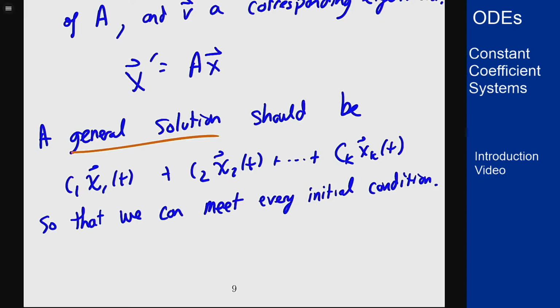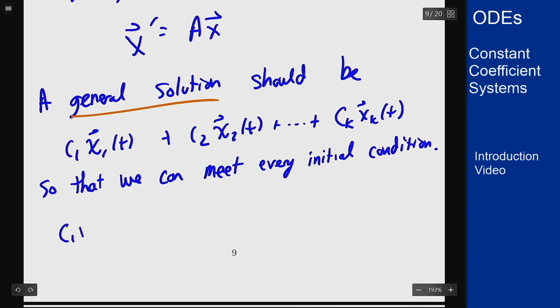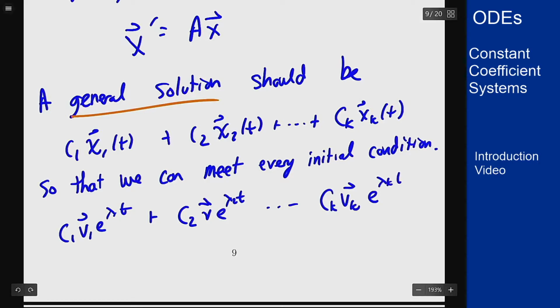In particular, we can look at having each of these be straight line solutions, which would give us C1 V1 e to the lambda 1 t, C2 V2 e to the lambda 2 t, and so on up to Ck Vk e to the lambda k t. And to be even more particular, we can say what happens at t equals 0.